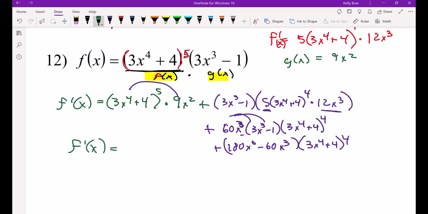Nine x squared times 3x to the 4th is 27x to the 6th. Plus 9x squared times 4 is 36x squared. And I think that's as simplified as we're going to get it.